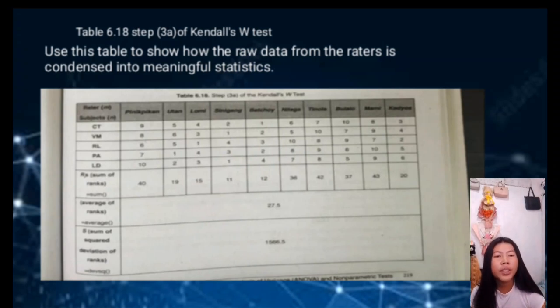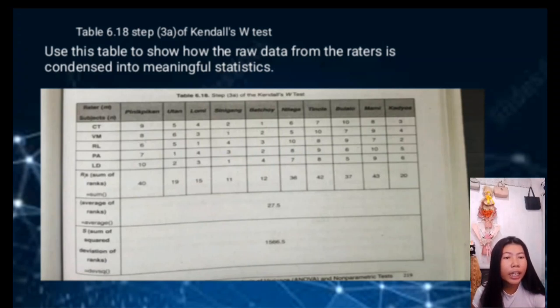Next, W equals 18,798 over 25 multiplied by the quantity 1,000 minus 10. Next, W equals 18,798 over 24,750.